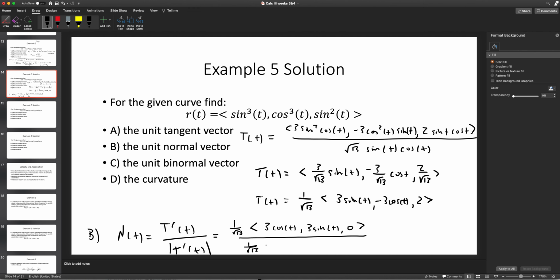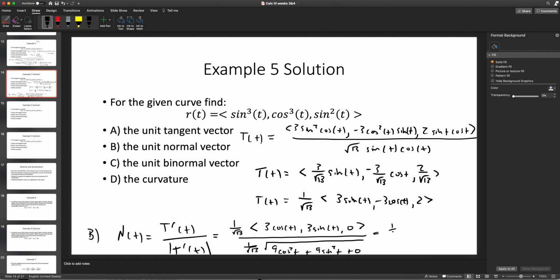So 1 over the square root of 13, times the square root of 9 cos squared t plus 9 sin squared t plus 0. That's 9 because sine squared plus cosine squared is 1, and the square root of 9 is 3. So really we have 3 root 13 in the denominator. The square roots of 13 cancel, so I just get 1/3 there.